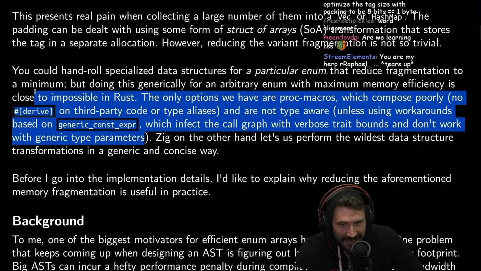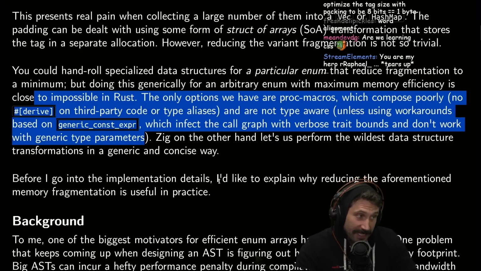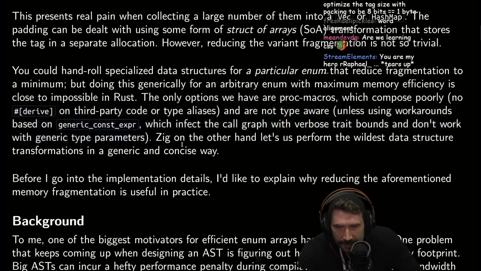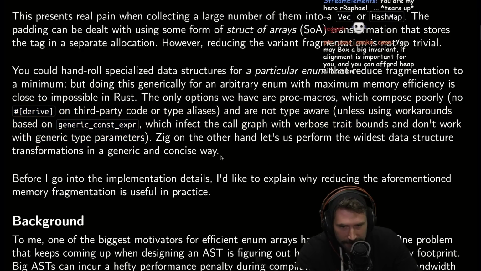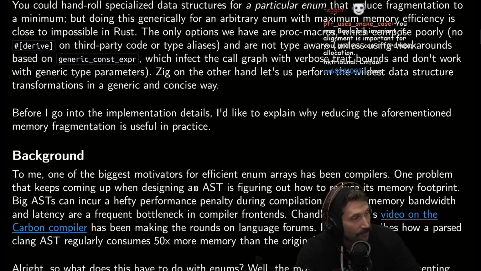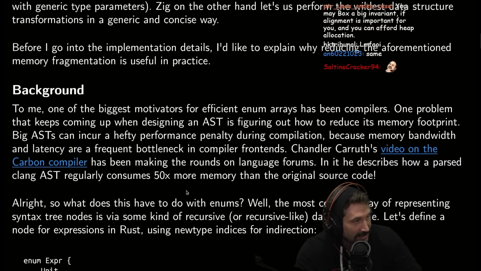So all of this to say, I have no idea what he's talking about, but that sounds terrible. Or congratulations, I'm sorry. Zig, on the other hand, lets us perform the wildest data structure transformations in a generic, concise way. Well, that's exciting. I like the sounds of that.